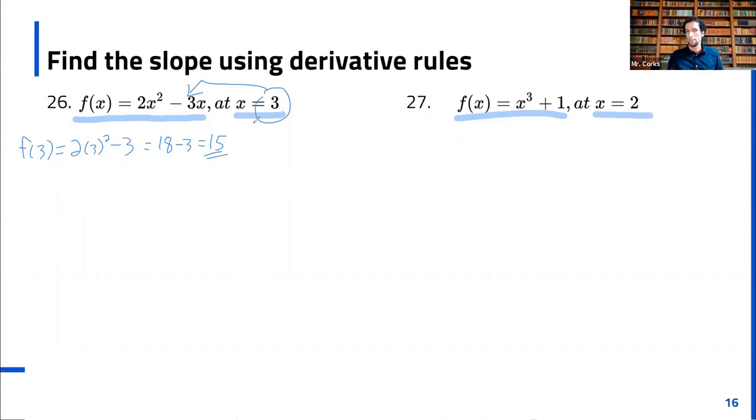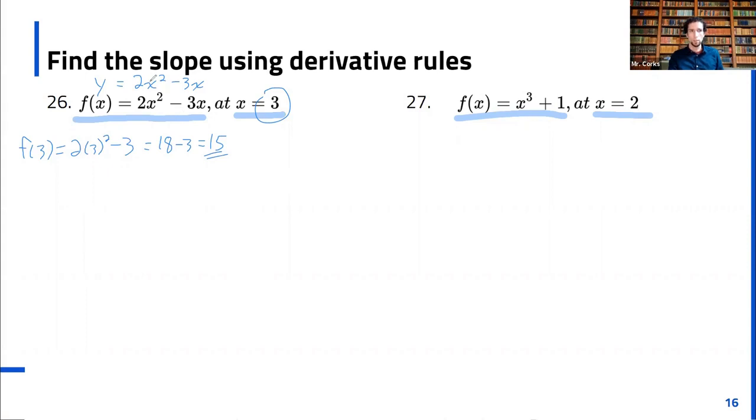No, we should use derivative rule firstly, I think. Okay, so remember that a function like this, f of x equals 2x squared minus 3x, it's maybe easier to think about as y equals 2x squared minus 3x.